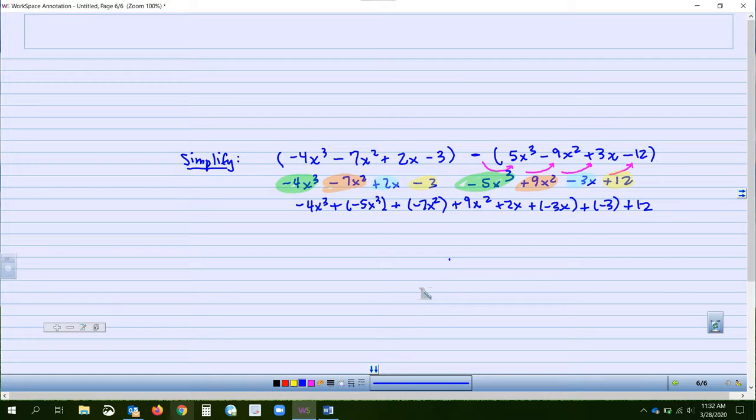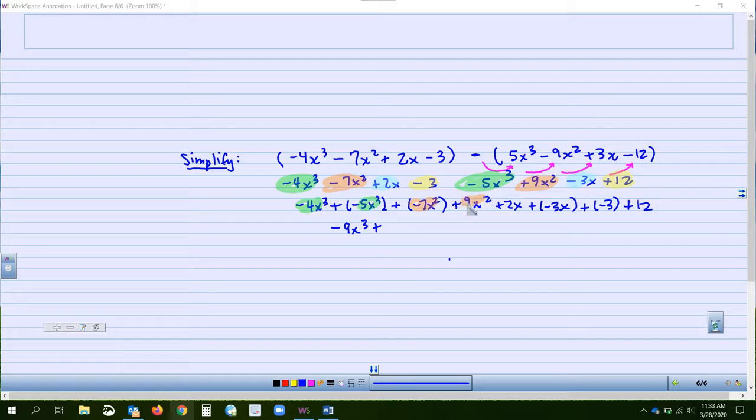So here we go. I'm going to combine my like terms here. I have my negative 4x cubed plus negative 5x cubed. That's going to give me negative 9x cubed. I'm going to have my negative 7x squared, it's this color right here, plus the 9x squared. What do I have more of?